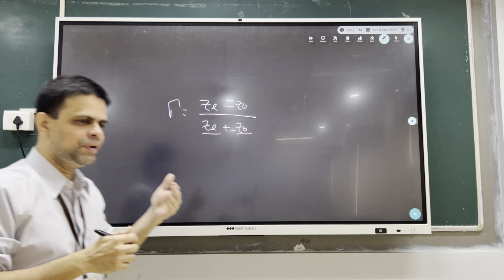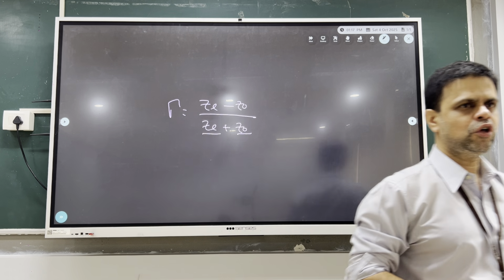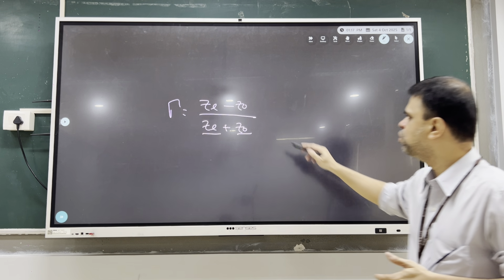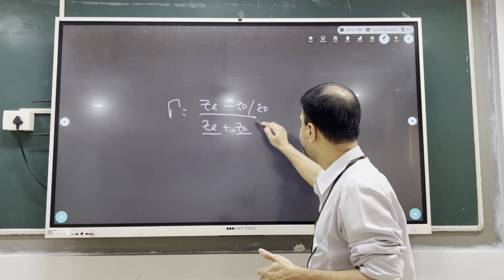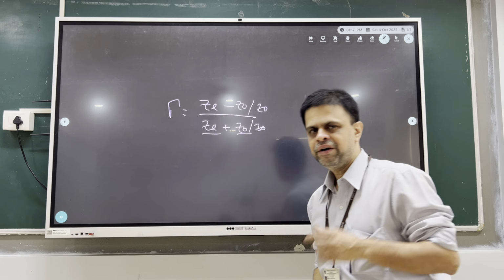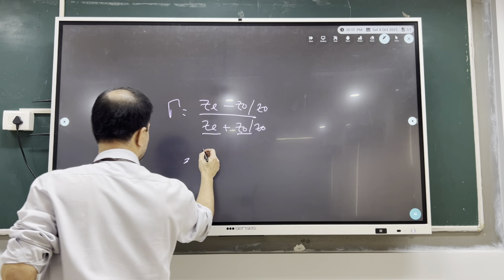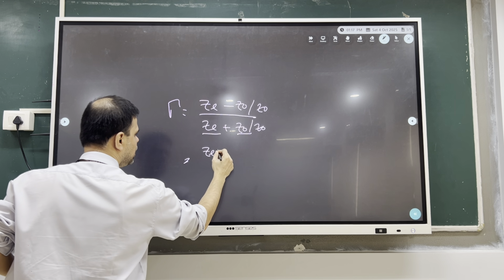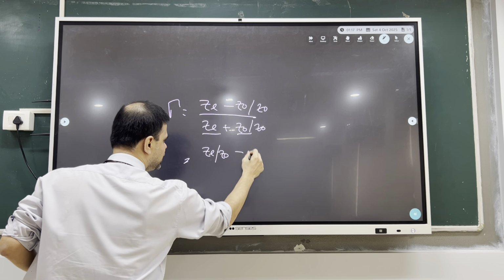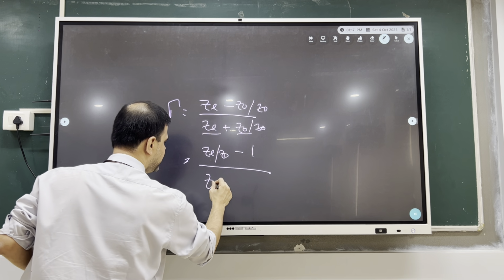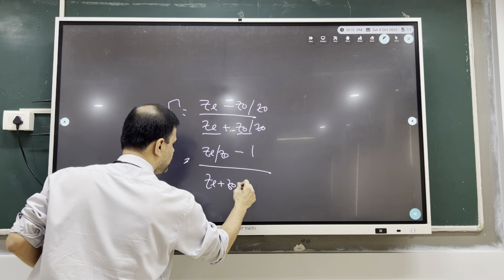Now why do we do normalization? In this case, we divide the numerator and denominator by the characteristic impedance. In that process, what we get is ZL upon Z0 minus 1 upon ZL upon Z0 plus 1.